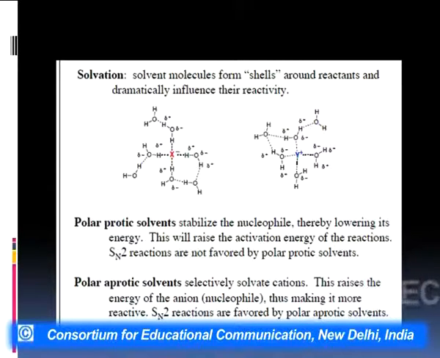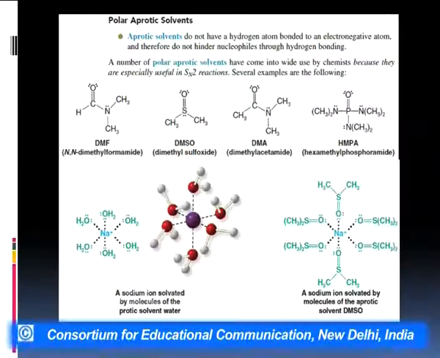If it solvates the nucleophile, then the nucleophilicity of the nucleophile will decrease. So what we need is an aprotic polar solvent. What this aprotic polar solvent does is it just solvates the cations, leaving behind naked anions. Now these naked anions will act as nucleophiles and they will help in SN2 mechanism.